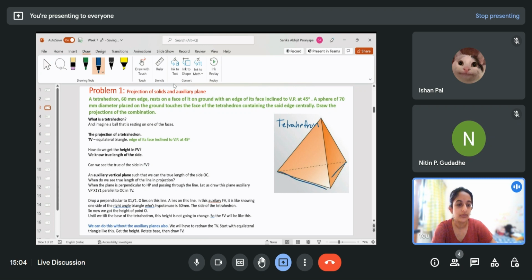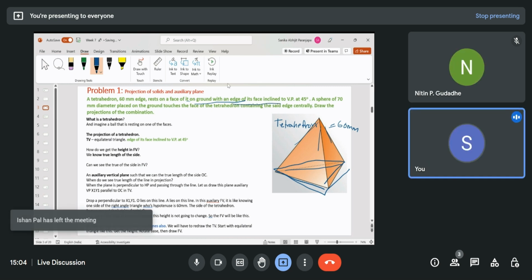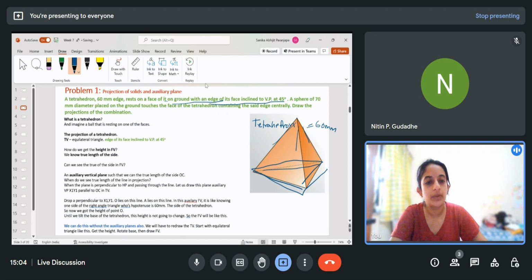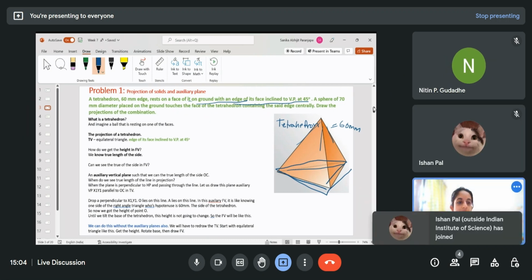So all these sides 1, 2, 3, 4, 5, and 6 all are equal to 60, which rests on a face of it on the ground. So that means the triangle is on the horizontal plane. That is, it is flat on the ground, and an edge of its face is inclined to the vertical plane at 45. So it is inclined to vertical plane. This will be visible in the horizontal plane.